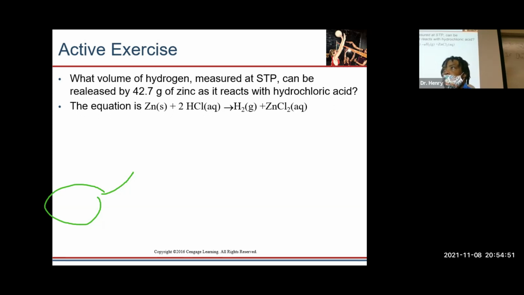If we're starting with the amount of zinc that is needed for the reaction, convert it to moles. Okay, so we want to change 42.7 grams. The other thing that I always will tell you guys to do is don't trust me. Make sure your chemical equation is balanced. Okay, so what is the molar mass of zinc?